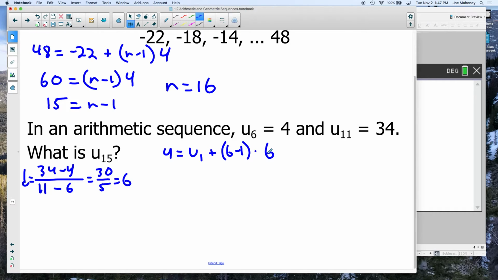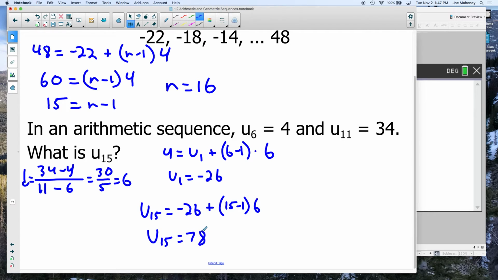And I believe if I do that, I'm going to get that u sub 1 equals negative 26. And then I can go from there. Because now I know I want the 15th term. So u15 equals negative 26 plus 15 minus 1 times 6. And I think when I evaluate this, I get that the 15th term is 78.